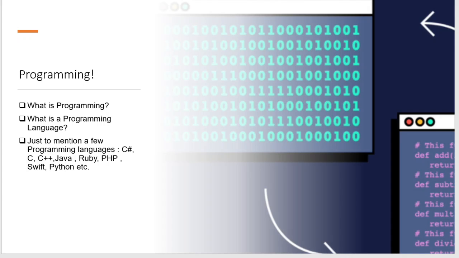Now, the process of programming actually involves several steps. First of all, before you start programming, you need to know what you are going to program about. What program do you want to write? What is the case that you want to address with your program? And then after you understand your case, you need to analyze it very well.